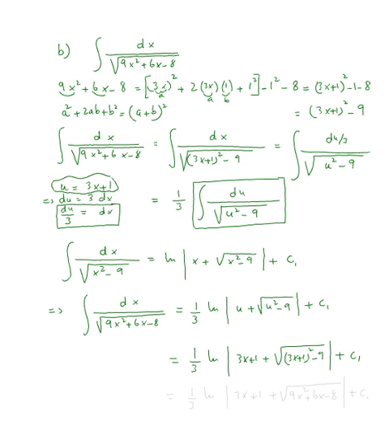If we're going to go one more step, this is equal to 1 over 3 ln of 3x plus 1 plus, remember, the square root of (3x plus 1) squared minus 9 is just, because we completed the square, the square root of 9x squared plus 6x minus 8, everything plus c1. And we're done with this example.